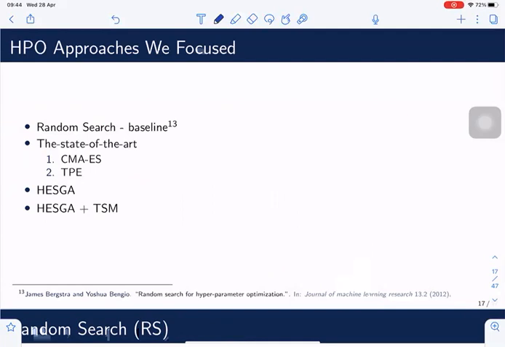Besides, we also proposed our own HPO method, called HISCA. It's a genetic algorithm with a hierarchical evaluation strategy. And in order to improve HISCA, we also proposed TSM, called tree structured mutation, which is published in the CEC conference this year.